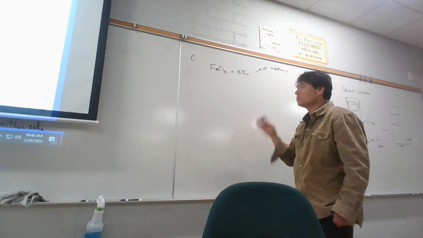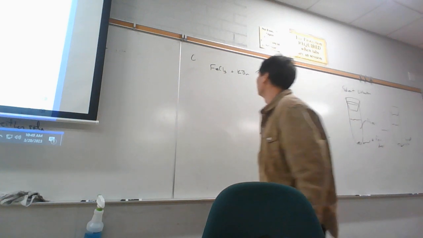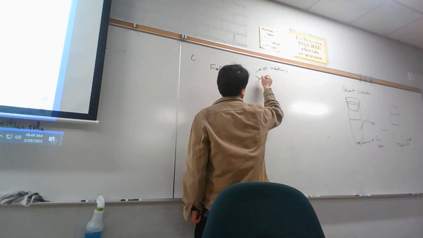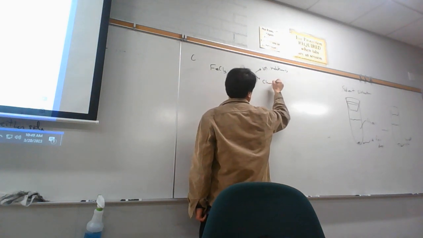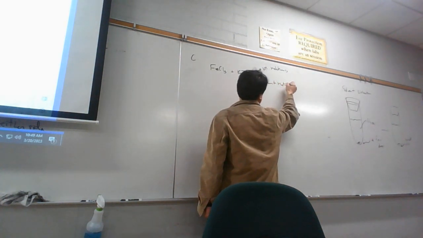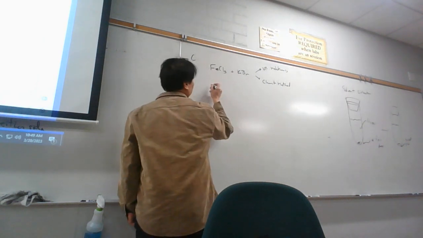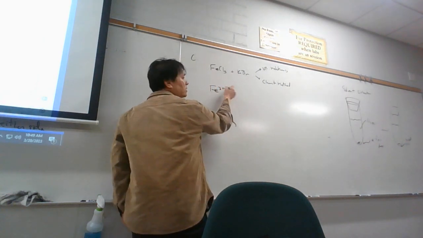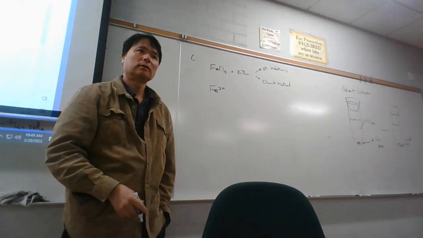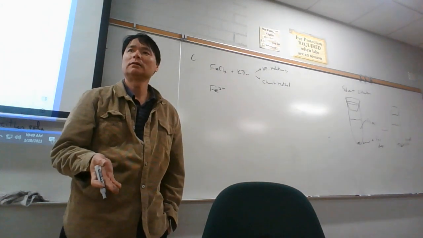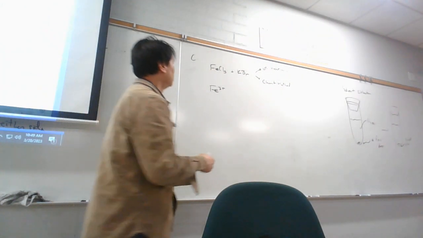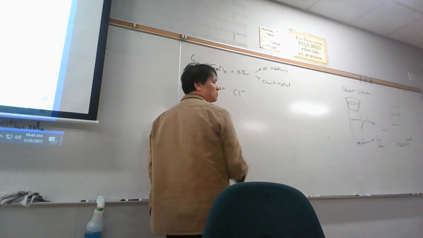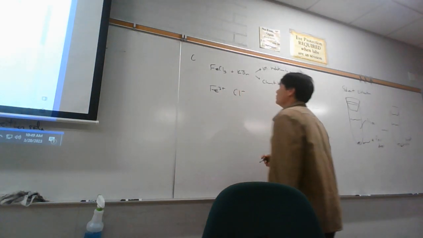And so what we have to do is the chart method for redox. For the chart method, we have iron 3. Iron 3 is what? Iron 3 is a pretty decent oxidizer. We have chloride, which is a pretty bad reducer.